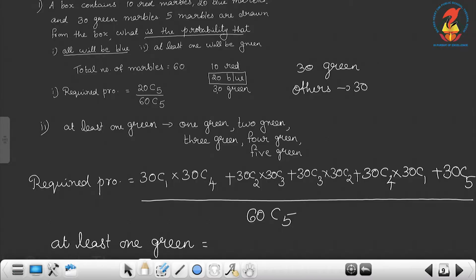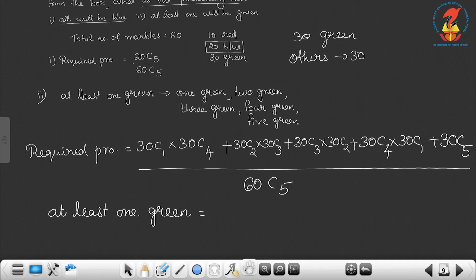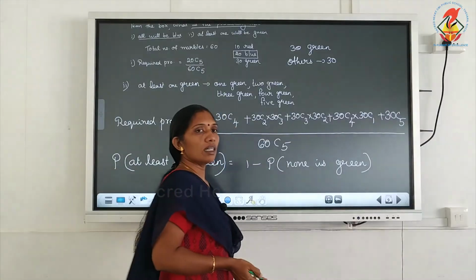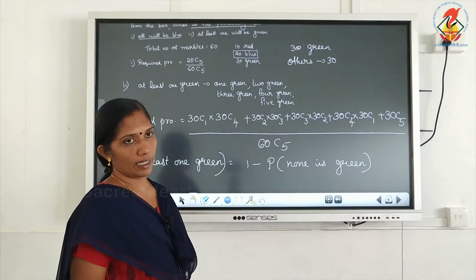Okay, so you can take 1 minus the probability of none is green. That is, all the 5 marbles are either blue color or red color.